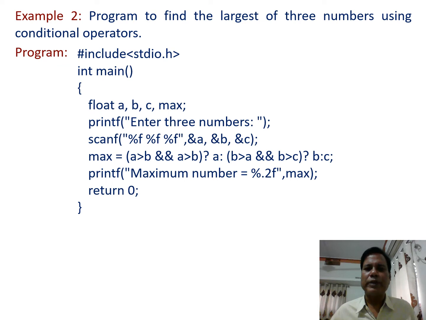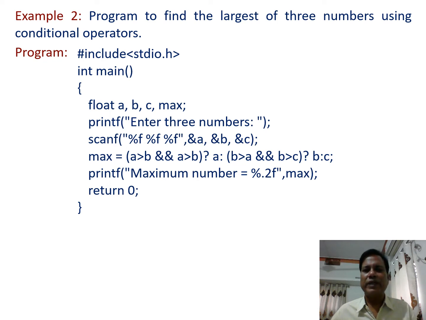When expression 1 is true, the value after the question mark, that is expression 2, is the value of max, that is, a is the value of max. Otherwise, in the false part, there is again a conditional operator. This conditional operator is evaluated and its output is assigned to the max variable.